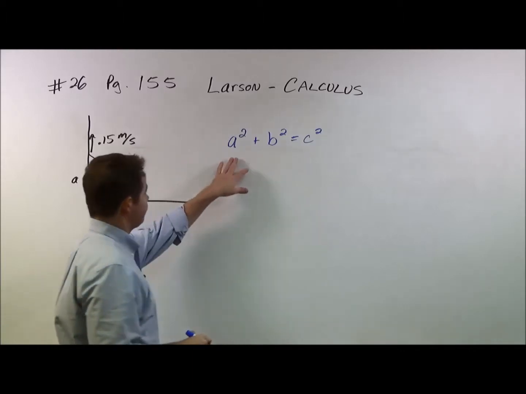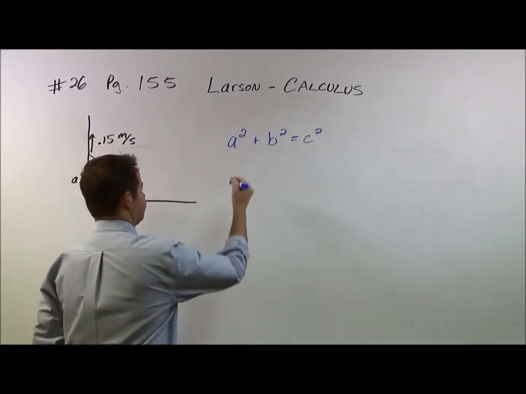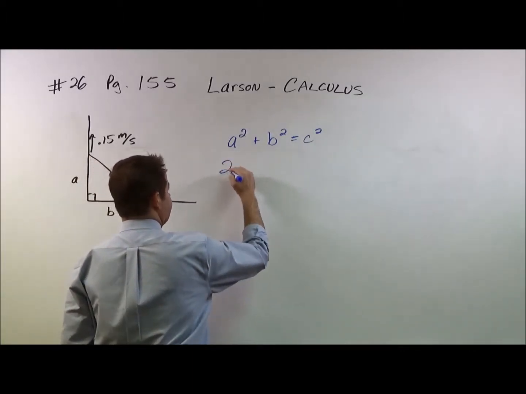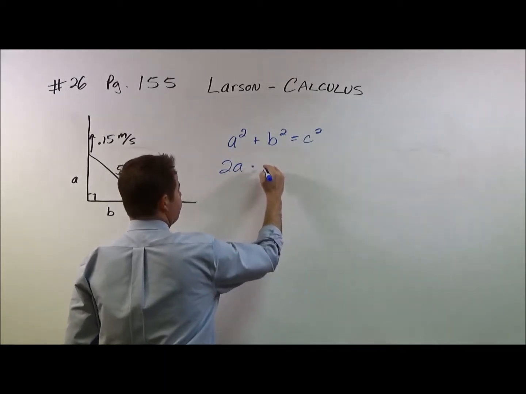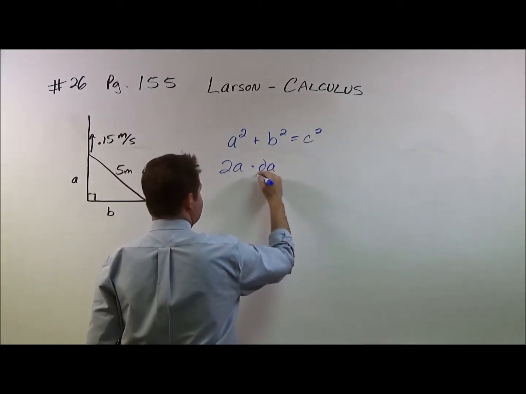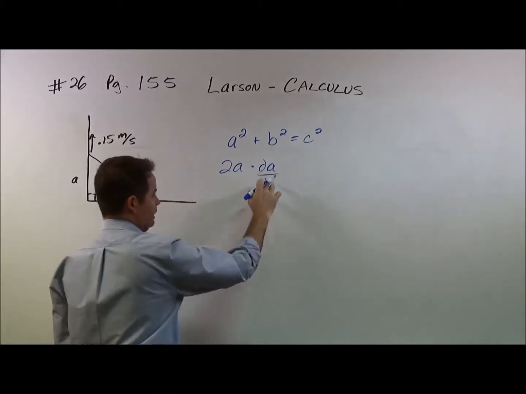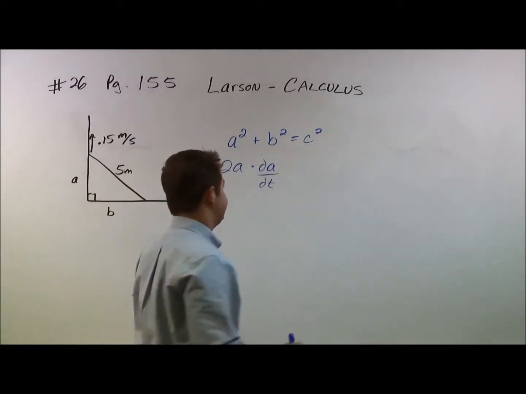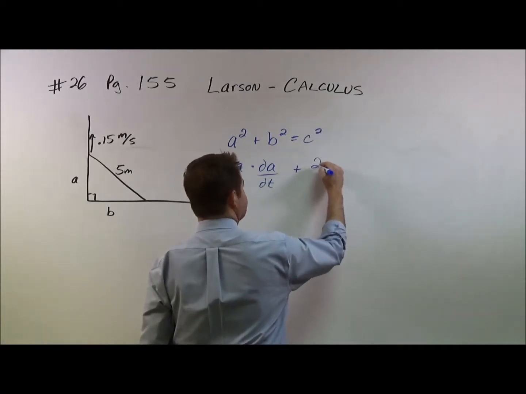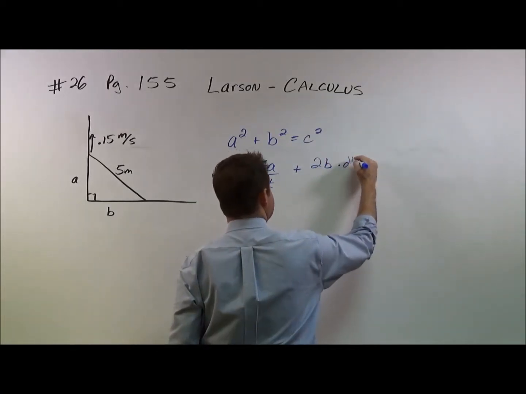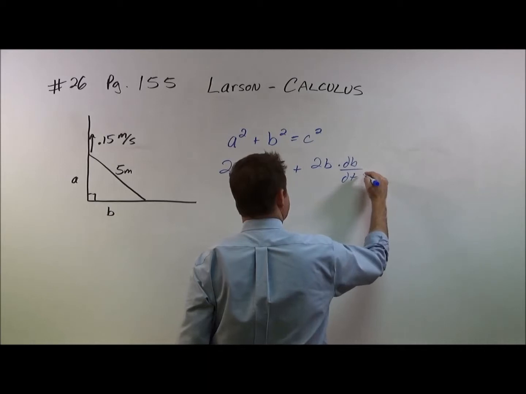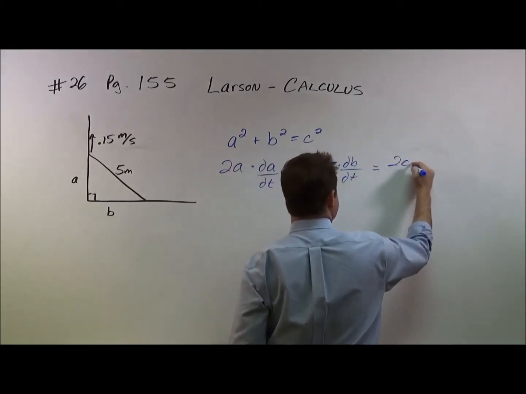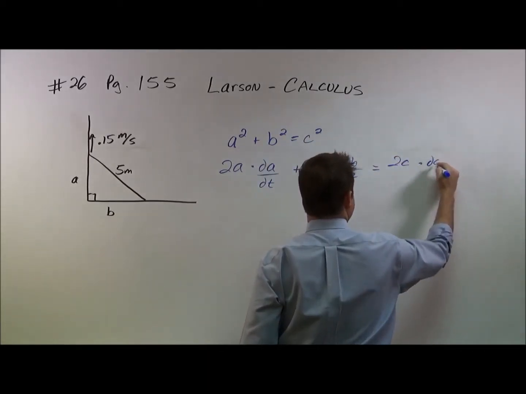Using the power rule, we differentiate a squared into 2a, but then we have to multiply by dA/dt, which is the change in a over time. We do the same thing for b and for c as well. This will be plus 2b times dB/dt, and that's equal to 2c times dC/dt.